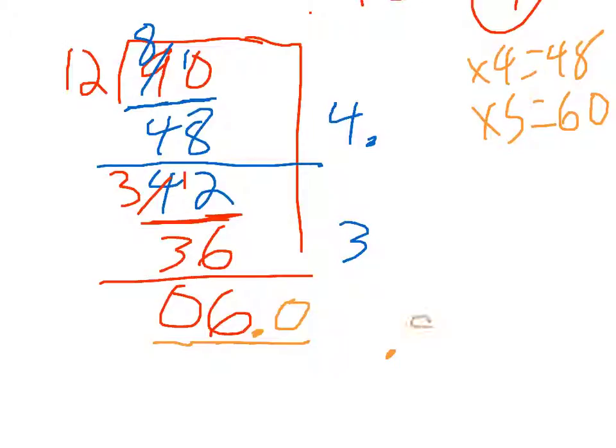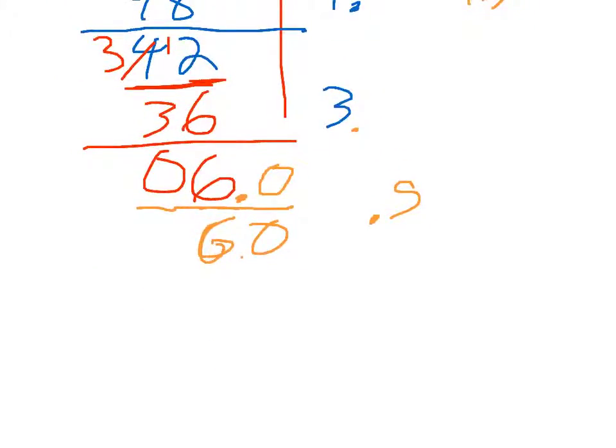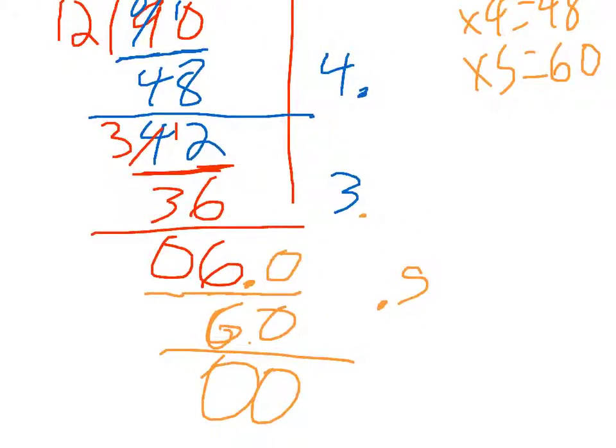So I'm just going to write a 0.5, and this should be a 3, point something. And then we do our 5 times 12, which is 60. It's going to subtract out, so we get 0 and 0, so we're done with the problem, except for the last step, which is just adding up our numbers over here, and we get 4 plus 3 is 7.5.